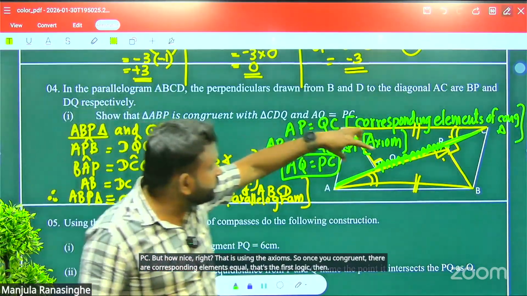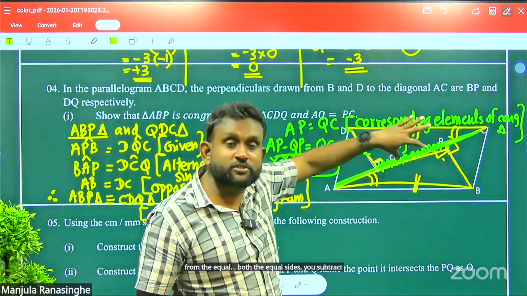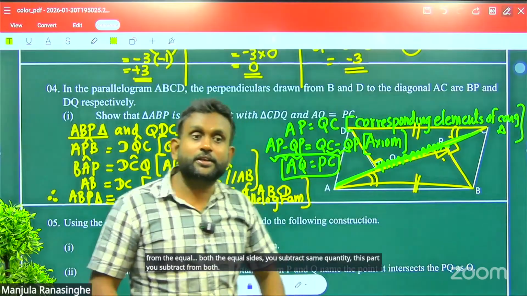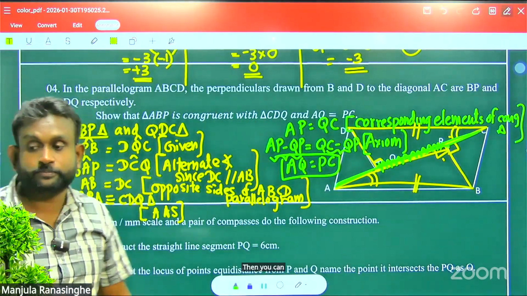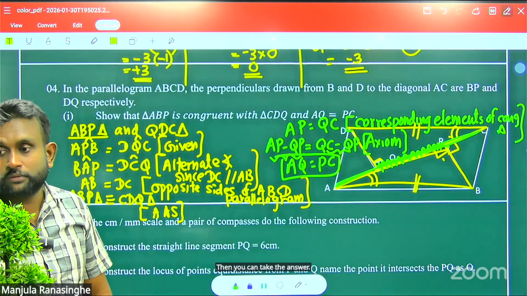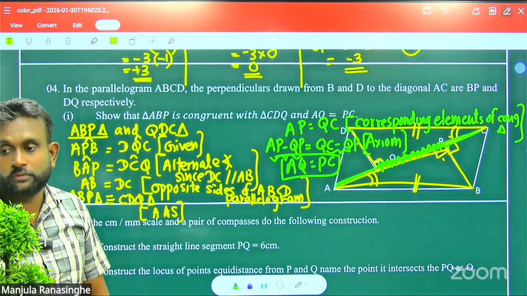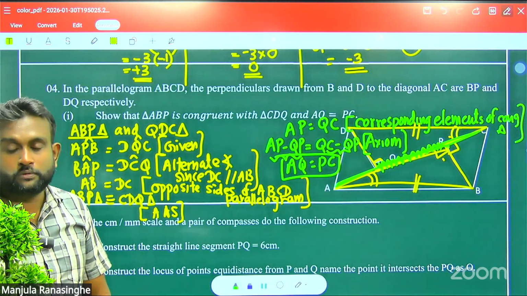Then from both equal sides, you subtract the same quantity, this part, from both. Then you can take the answer.